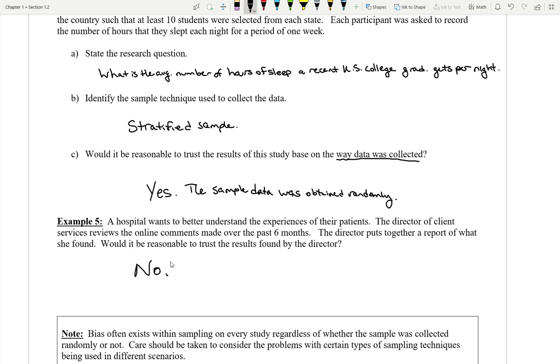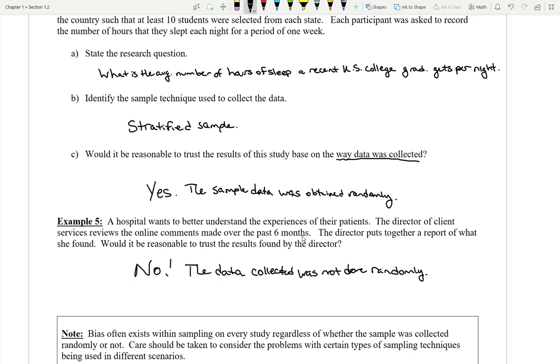So here we would say no, this is not necessarily reliable sampling. So the data collected was not done randomly. And so as a result, we can't necessarily believe that what these comments are saying represents what the overall average patient feels about this hospital.